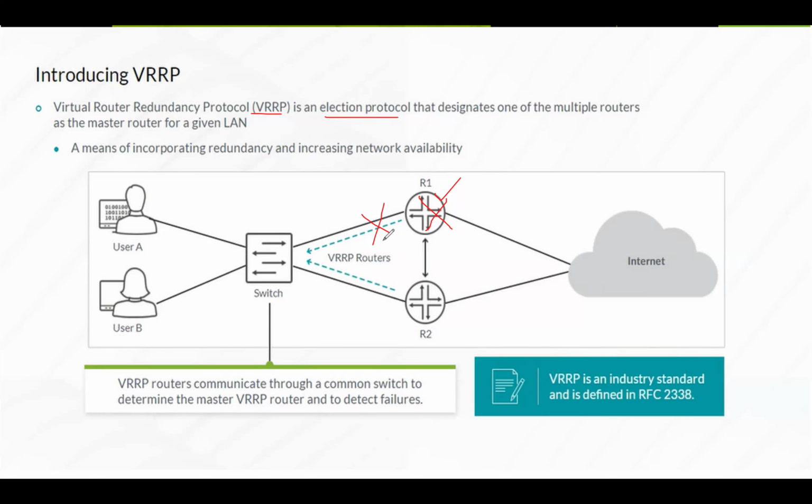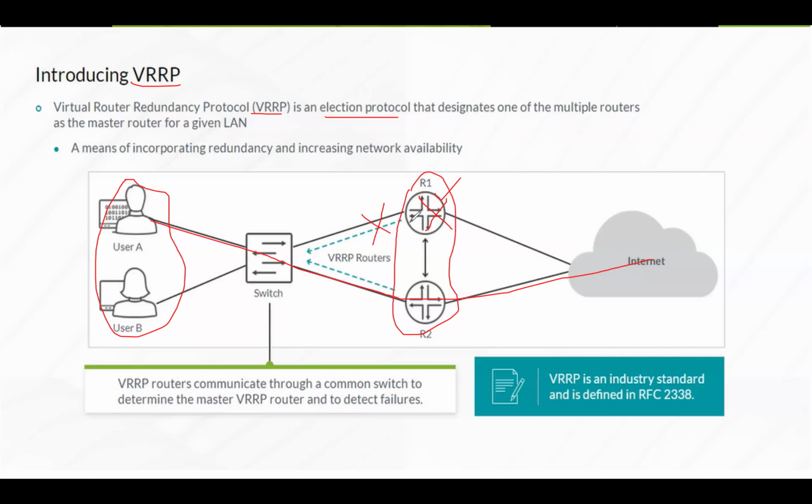Any reason, if one router goes down, another router will take over. That means user A or this LAN user is not disconnected from the internet. So that is the reason to configure VRRP in this gateway router.